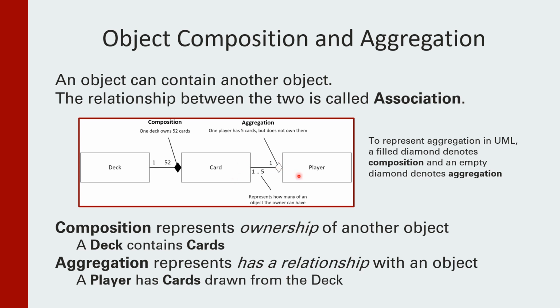And then here I have aggregation, which is perhaps saying one player has up to 5 cards. And so here I have a clear diamond to indicate that a player aggregates cards. So again, in these kinds of diagrams, which are called UML, the filled diamond denotes composition, and an empty or clear diamond denotes aggregation.